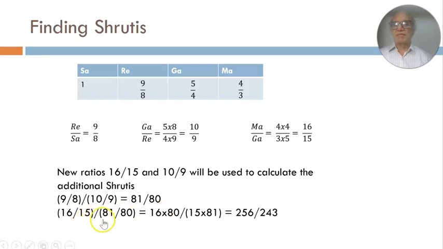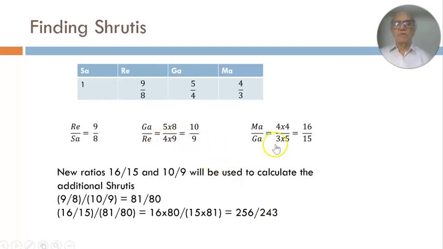And 16 by 15 divided by 81 by 80 will give you 256 by 243. So you got 4 additional ratios now. So you find 16 by 15, 10 by 9, 81 by 80, 256 by 243.